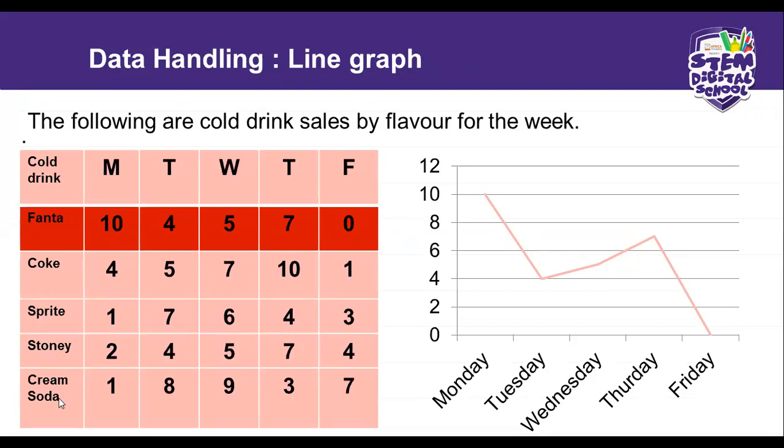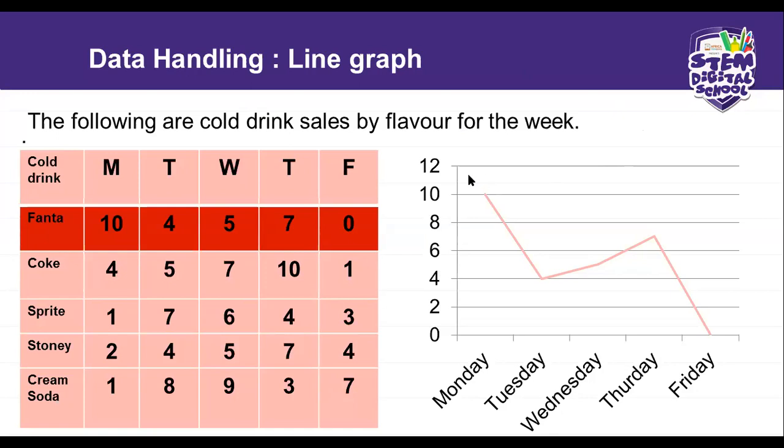And you can also do a line graph for cream soda, sorry. Okay. Is there anyone who's got a question? Do you think we can only use a line graph?